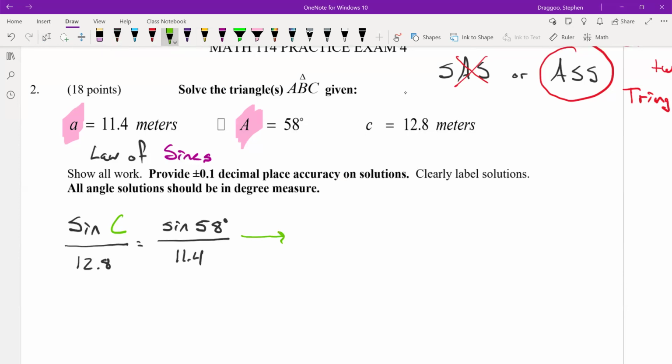And that's going to get me to this equation: sine of C is equal to 12.8 times the sine of 58 degrees divided by 11.4. And I could just check that number in my calculator real quick.